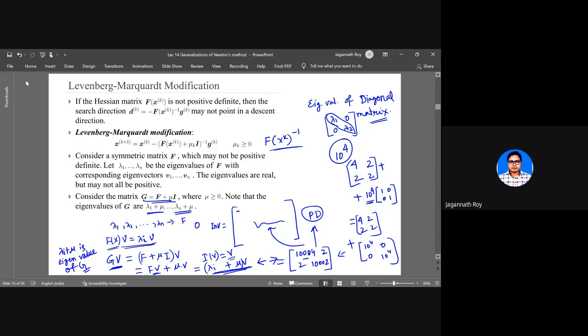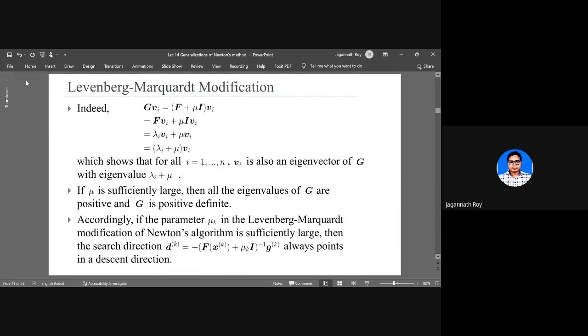And we have to make this mu large so that all the eigenvalues become positive, so that we can get a positive definite matrix. The aim of this modification is to make this matrix positive definite. So this is what is actually done.